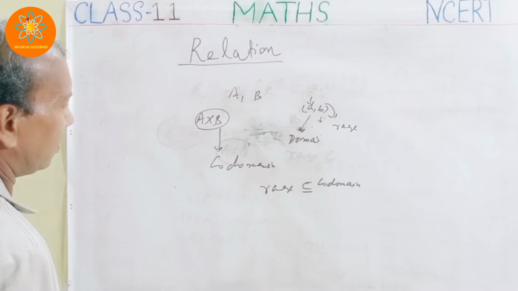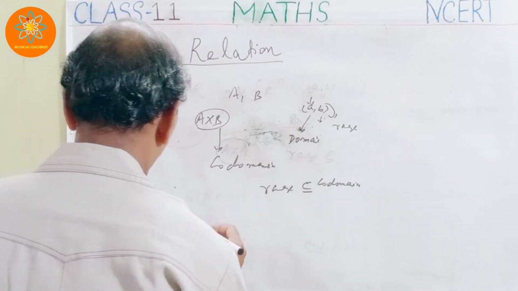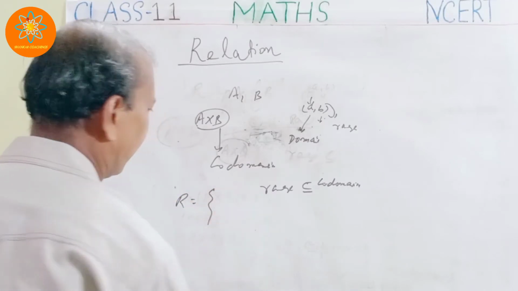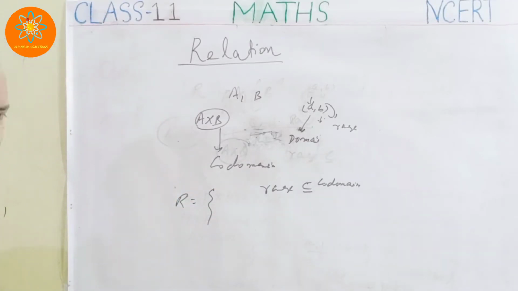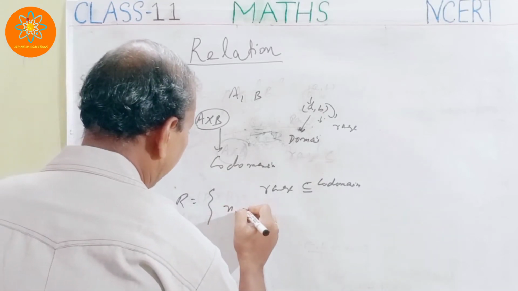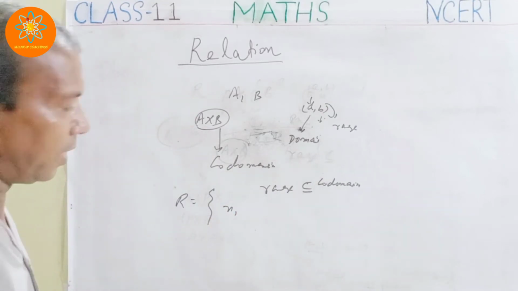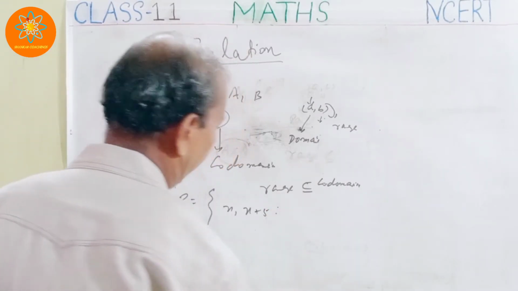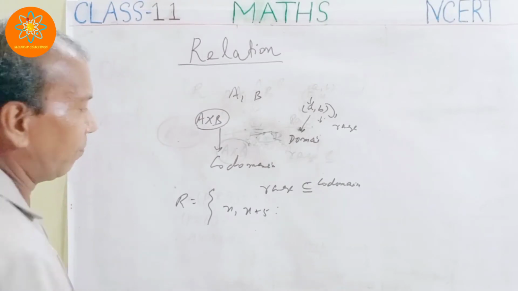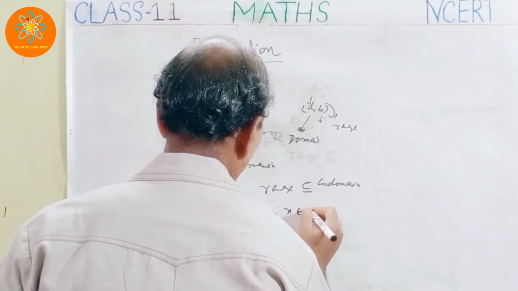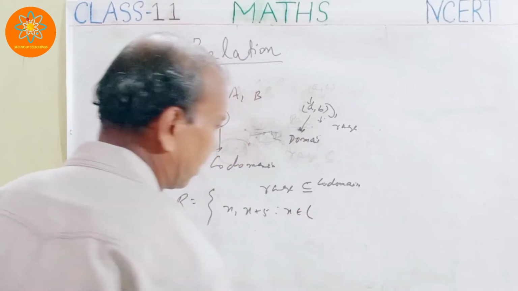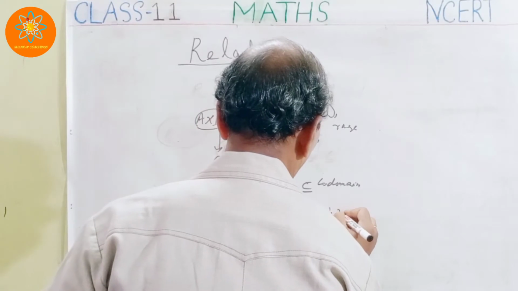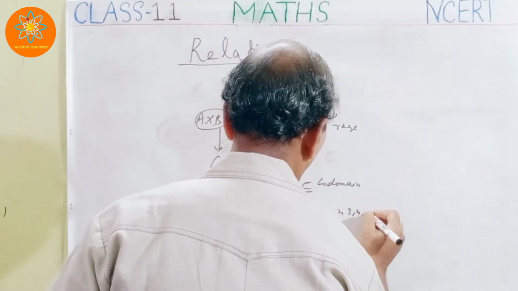Now I am taking a very simple example. Let's suppose I have one relation R, given as x and x plus 5, where the values of x are 0, 1, 2, 3, 4, 5, like this.